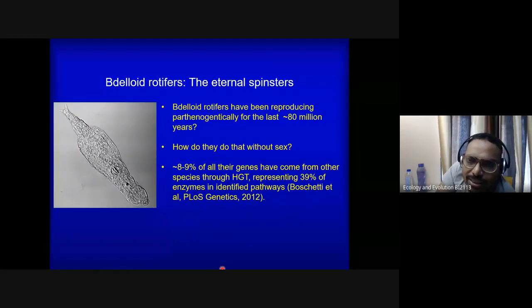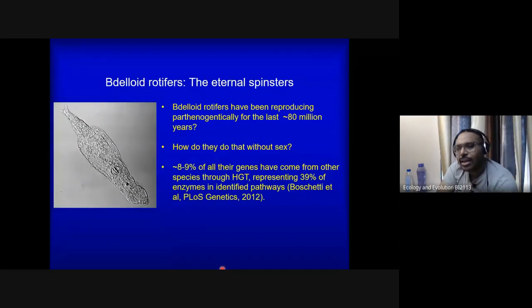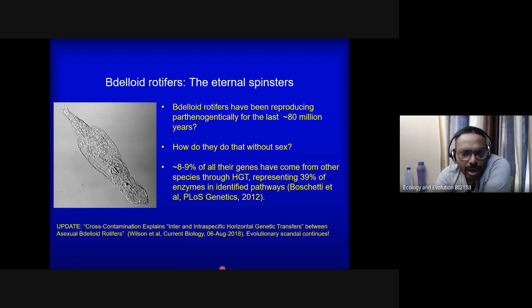Which basically suggests that these guys are essentially replacing sex with horizontal gene transfer. They're getting their extra genes from outside. However, this is really funny.